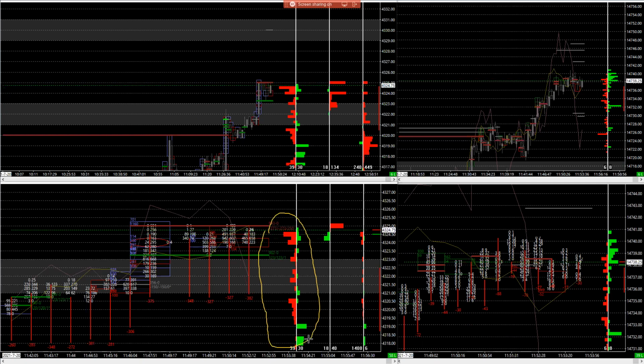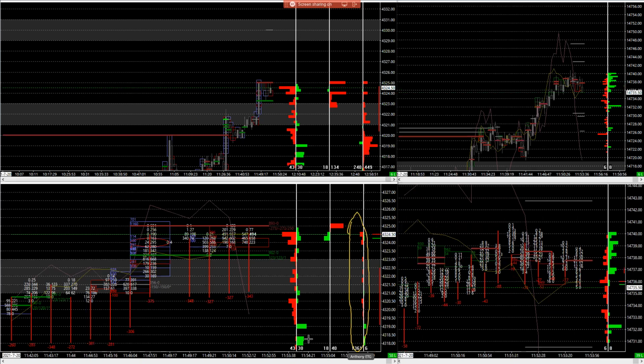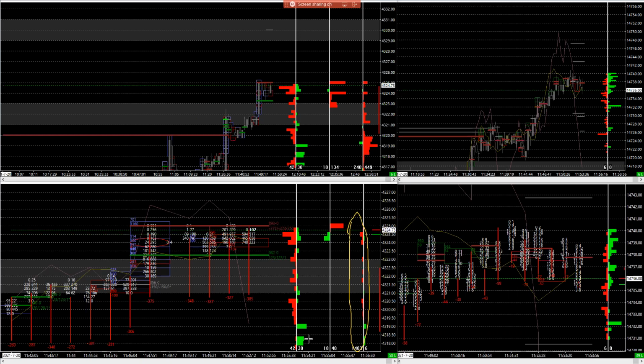Now, what's suggested is a good suggestion, but I think it would require a whole other vertical. And say, okay, guys, this is what the overnight looked like, and maybe stop it, and then start it from the opening bell. This is what the market has been doing since the opening bell.